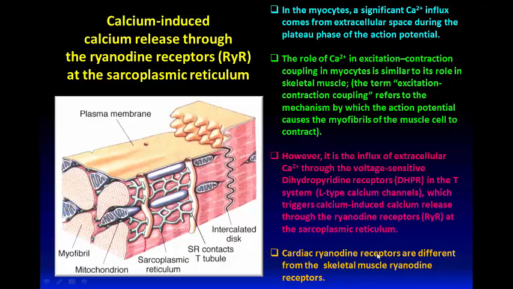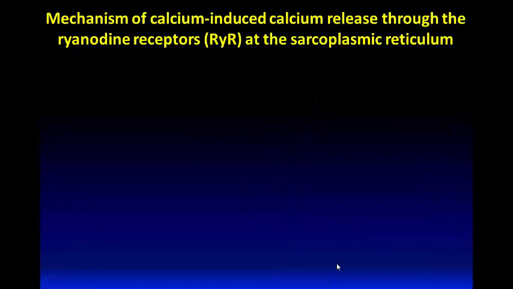The ryanodine receptors which we have in the sarcoplasmic reticulum of the cardiac muscle cells are different from the ryanodine receptors which we have in the skeletal muscle cells. The release of calcium from the sarcoplasmic reticulum of the cardiac muscle cells is induced by the influx of calcium through the voltage-gated L-type calcium channels in the transverse tubular system and in the sarcolemma.